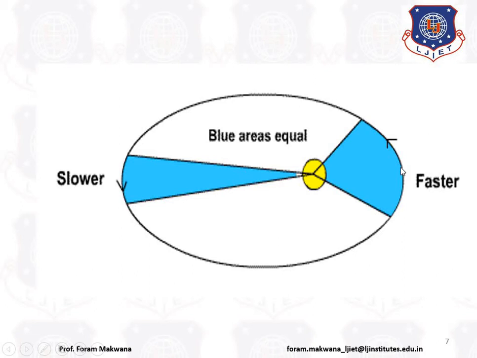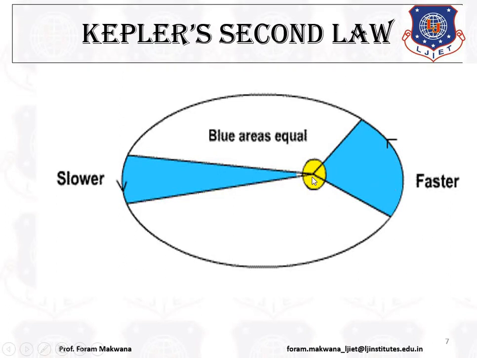So gravitational force of Earth on this point is higher than the gravitational force at this point. So the velocity is going to increase as this point is nearer to the Earth, and velocity is going to decrease because it is farthest from the Earth. So impact of gravitational force will be less at farthest point.